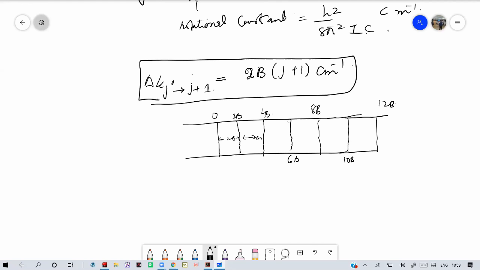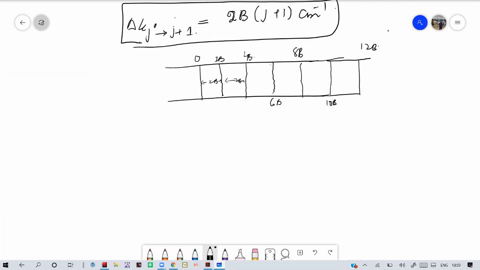Okay, and we also know the selection rule was delta J is plus minus 1. One of the important factors for the origin of this rotational spectra, that means what is the basic condition for a molecule to show the rotational spectra, because not every molecule, whether linear or non-linear, symmetric or asymmetric, will show this rotational spectra.